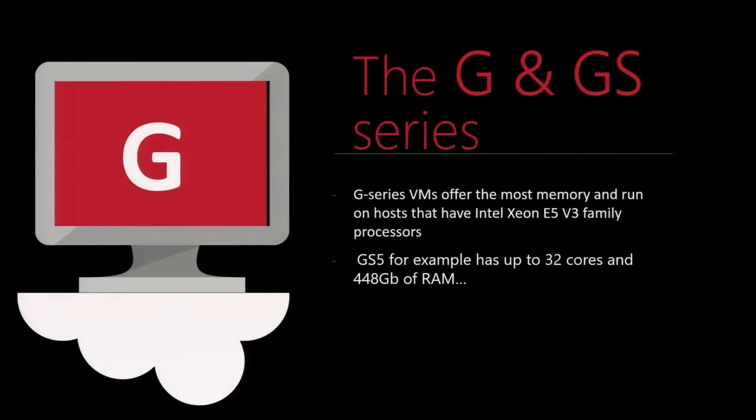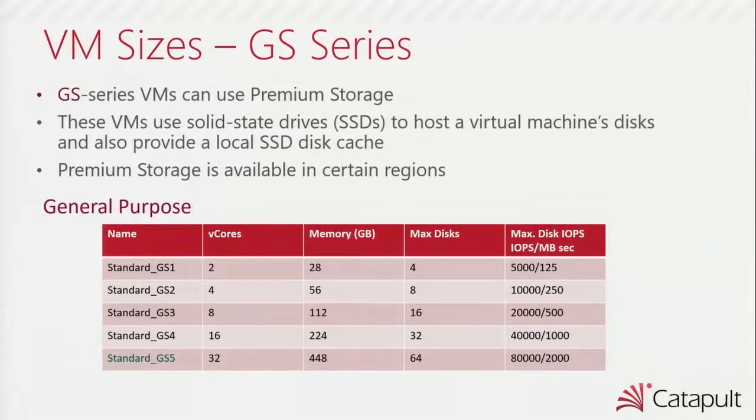The G, and again the GS, so the GS is with the SSD performance. This is the most memory and runs on hosts which have the Xeon E5 V3 processors. You can get up to 32 cores and a maximum of 448 gig of RAM for you power-hungry developers. And again, this is just an overview of what you could get.